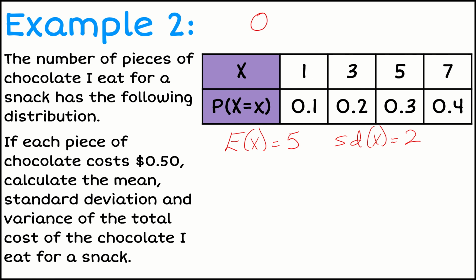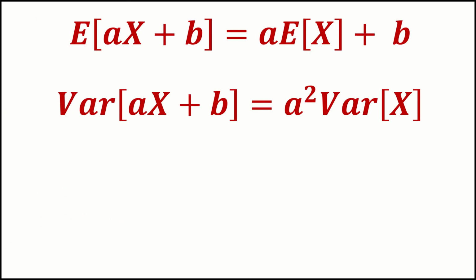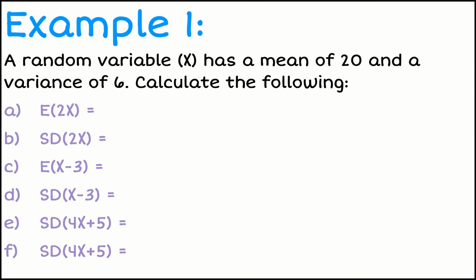My new distribution that I need to do is 50 cents times x. So we're going to find the expected value of 0.5x. The formula says if you've got a constant in front, then just multiply that by the expected value.